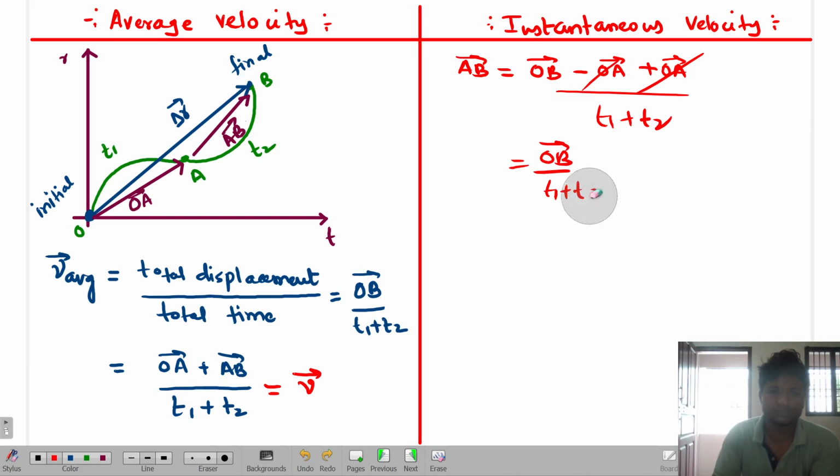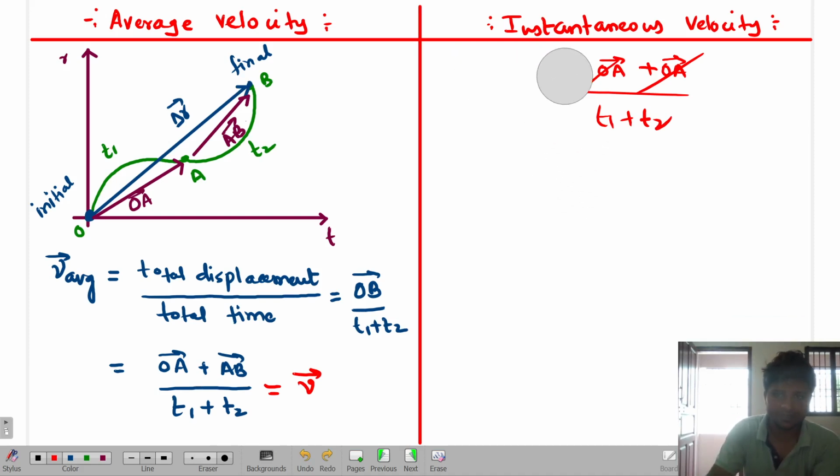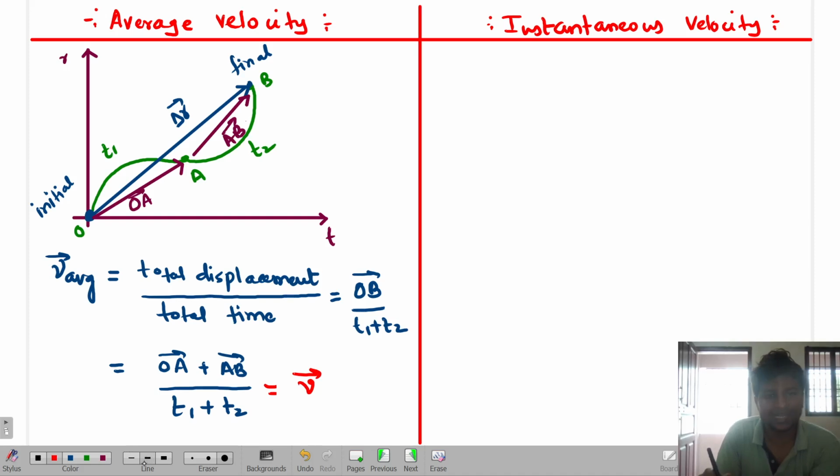What is the meaning of this? The vector form is trying to say that there is no concept of total displacement. Only displacement is there. There is nothing called total displacement, that you will write r1 displacement plus r2 displacement plus r3 displacement.